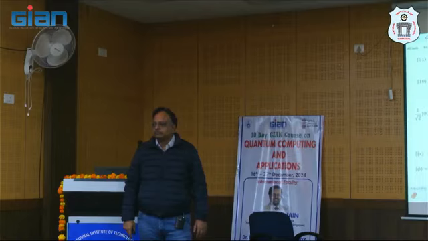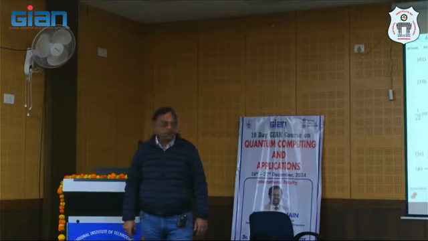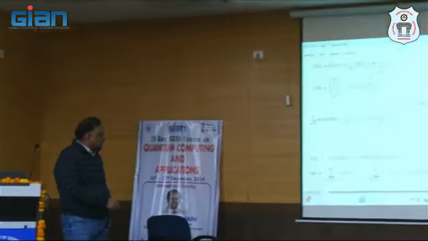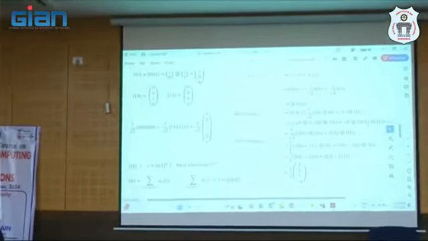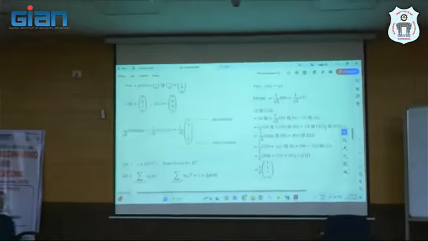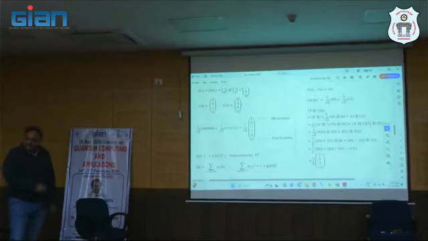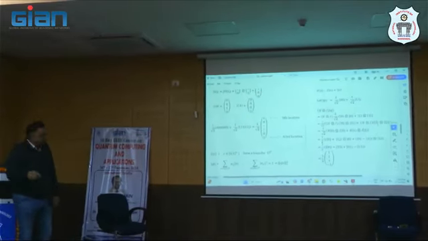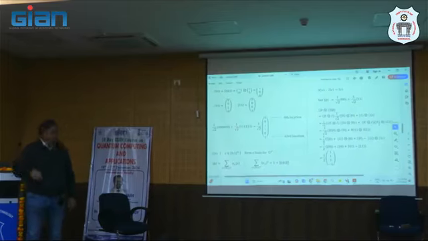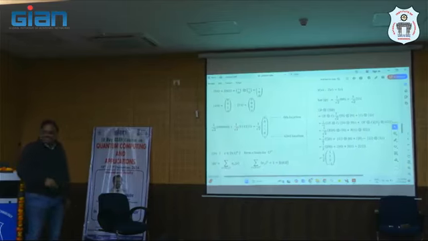Ket x is 2 to the n dimensional. Remember what is happening here? n is the length of a string of n bits. Here what is n? 6. What is 2 to the n? 64. This vector has how many entries? 64 entries.